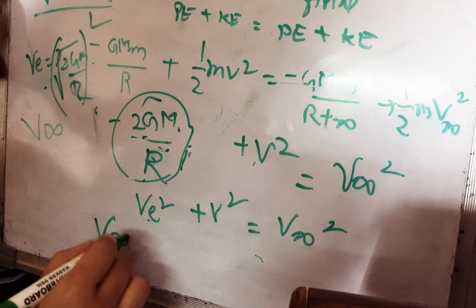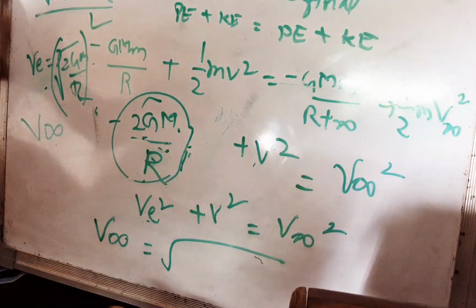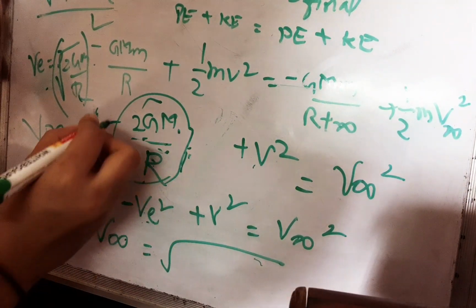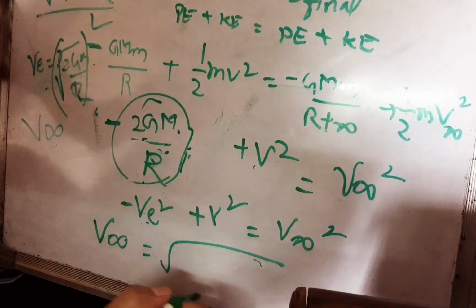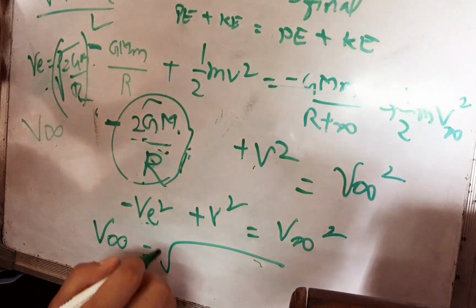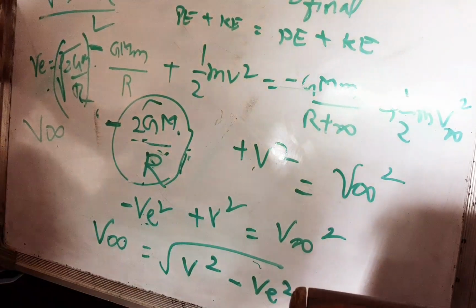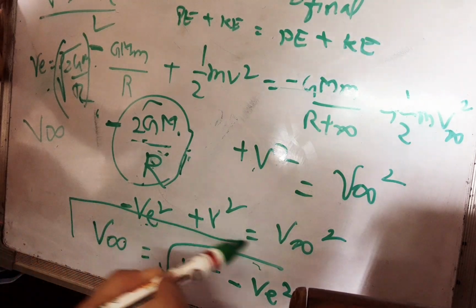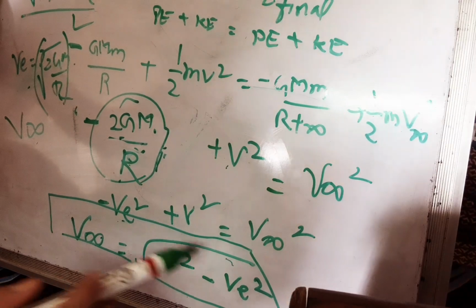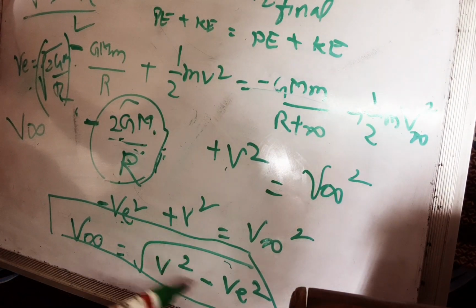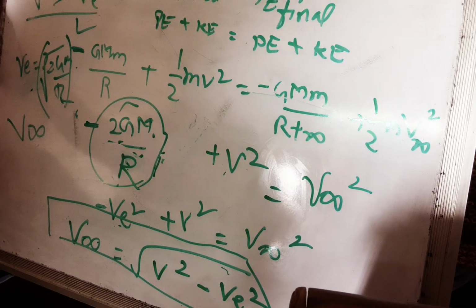Here the minus sign was there, right? So v infinity is equal to the square root of v square minus v e square. So after reaching infinity distance, the leftover velocity is the square root of the square of the velocity we projected with, minus the square of the escape velocity. I hope I was very clear.